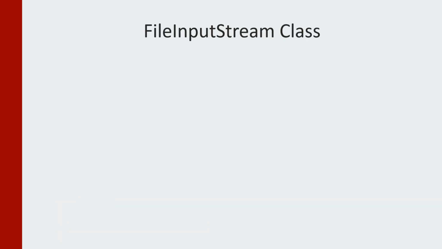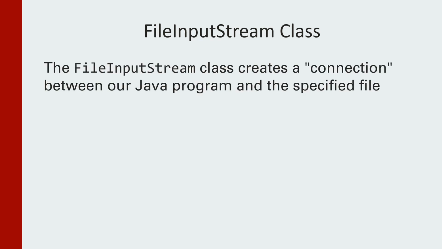Okay, so let's start talking about the FileInputStream class. The FileInputStream class creates a connection between our Java program and a specified file, and we're going to save these file names as strings. For example, let's say we have a file name called alice.txt.